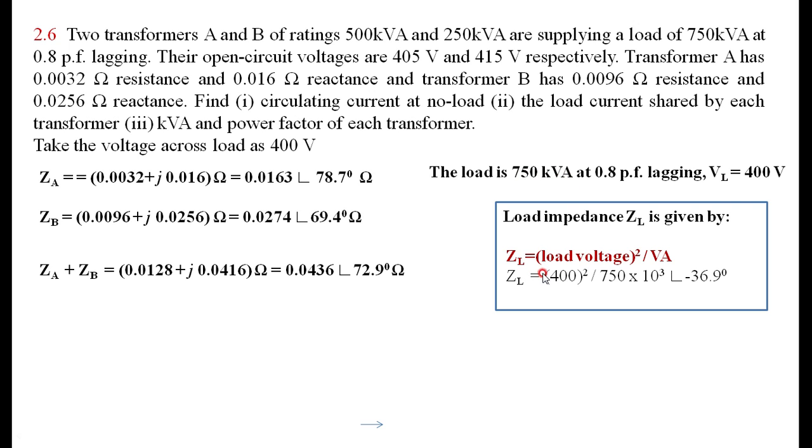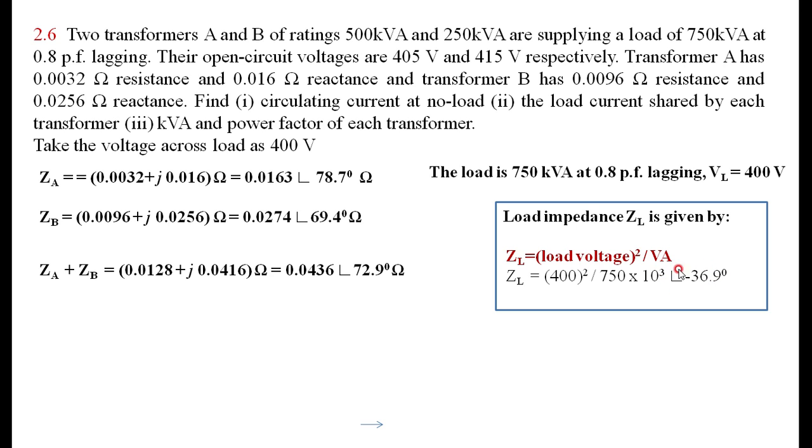Therefore, I substitute 400 squared divided by 750 into 10 raised to 3, because I am converting 750 kVA. But at what power factor is it operating? It is 0.8 power factor lagging, therefore I take minus 36.9.